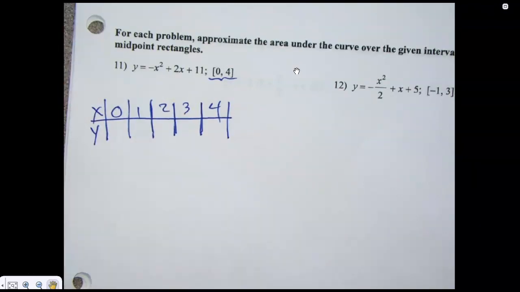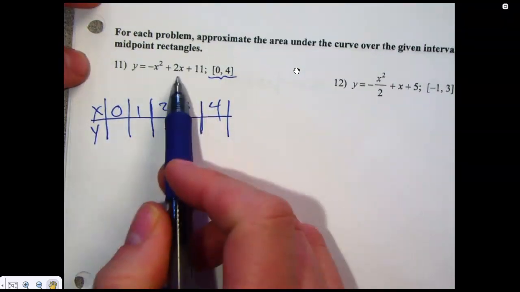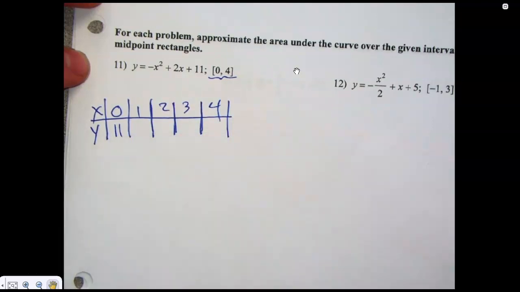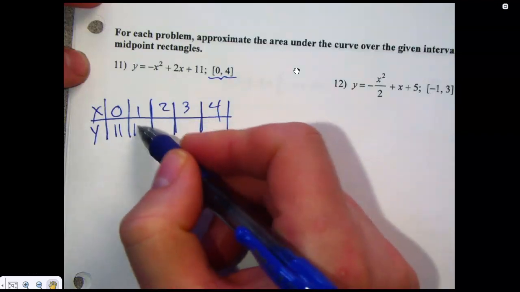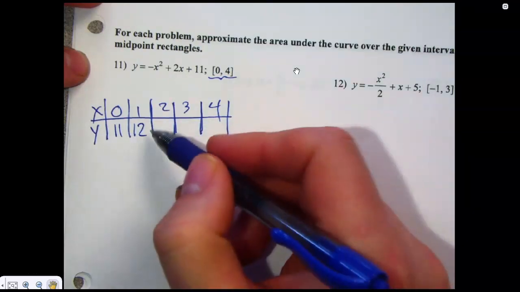So if you get an equation, the first thing I'm always going to tell you to do is make a table. So let's just do that. And then you'll see in a second why it's not totally necessary for midpoint, but I think it's still helpful. So I'll plug those numbers all into the original equation. So 0 gives you 11. 1 gives you 12. 2 gives you 11.